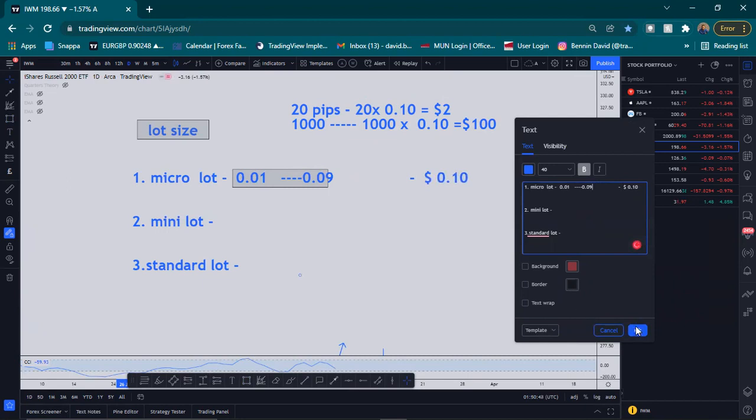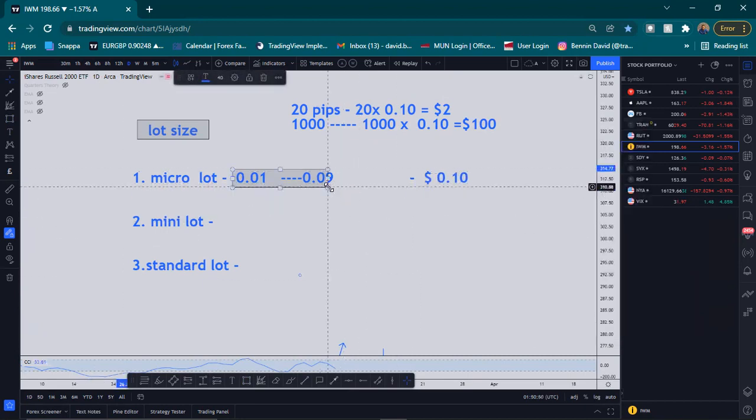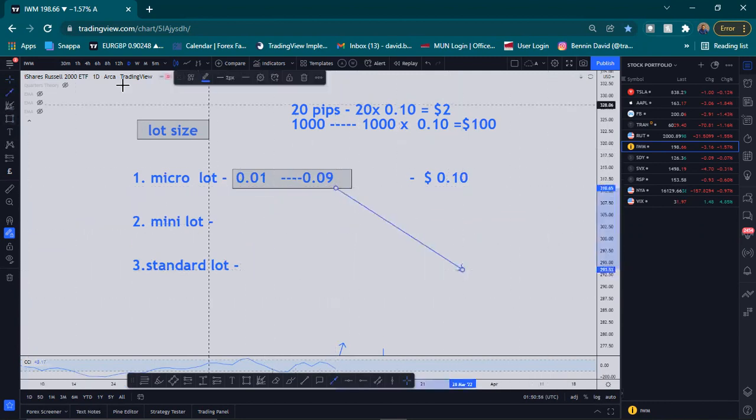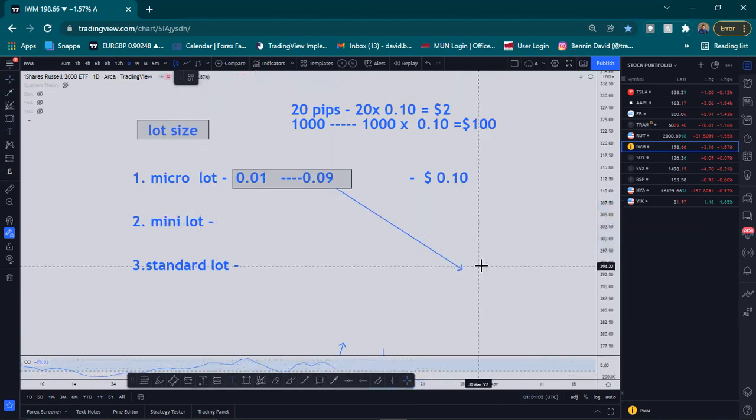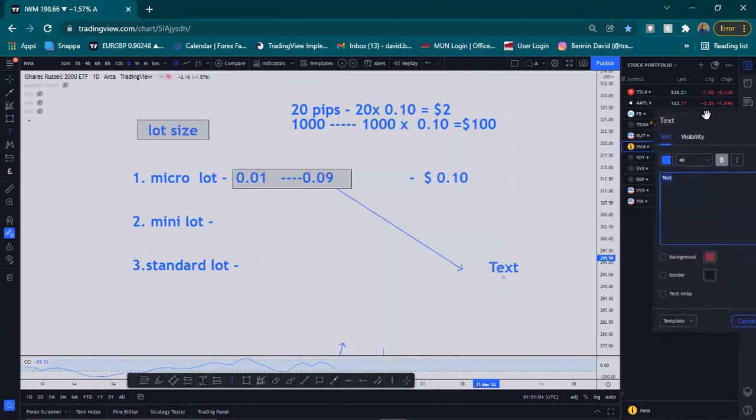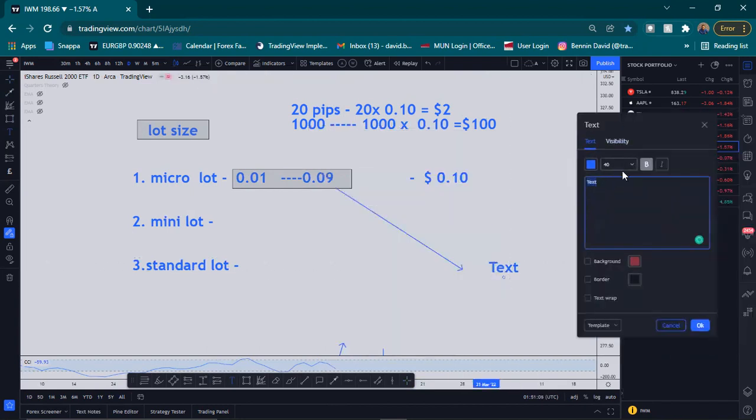So what does this mean? It means that between 0.1 and 0.01, when somebody is trading, someone can decide to use the smallest lot size in the micro lot range, 0.01, right?